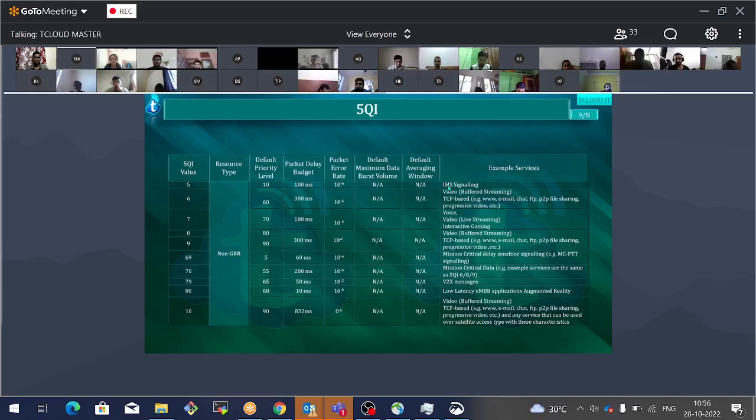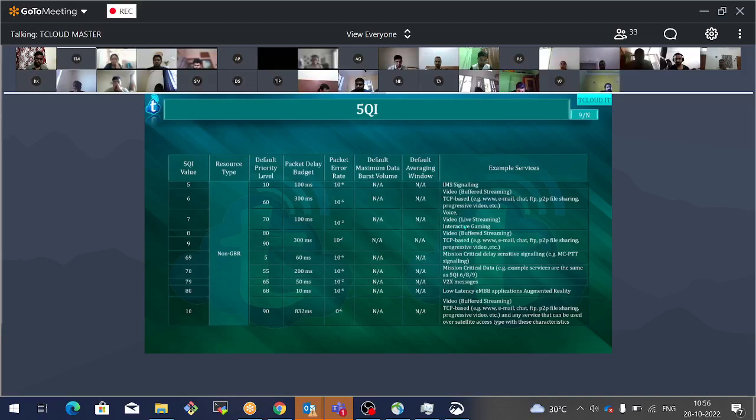But if it is a video or TCP based services like emails, chat, etc., they will be considered to be falling under the non-GBR category. The value is 60, typically a very, very low priority value. And if we have 70, some interactive gaming and live video streaming where the frames are allowed to be missing, etc. And there are 80, 90 also available.